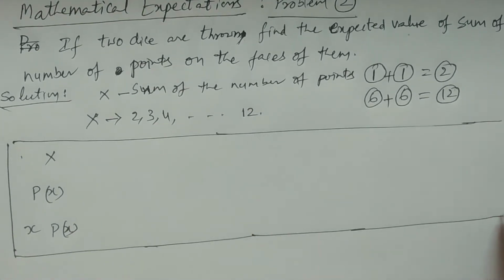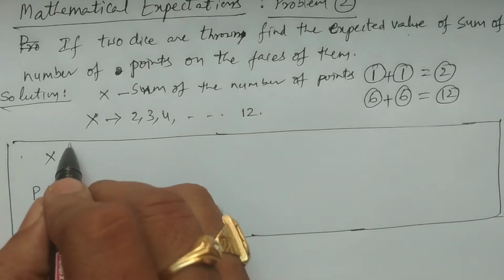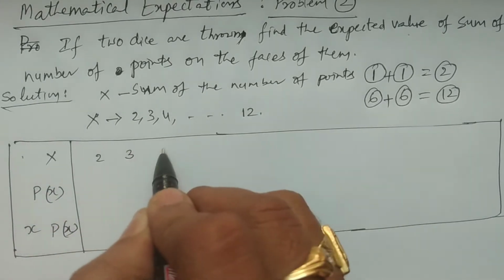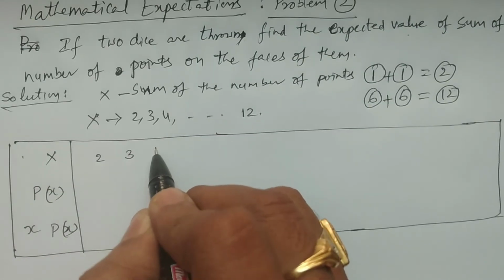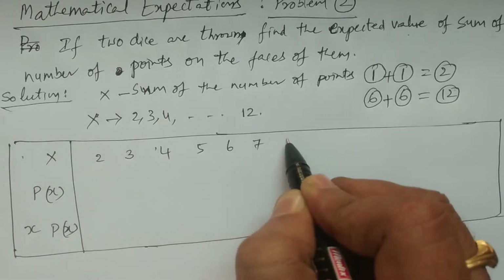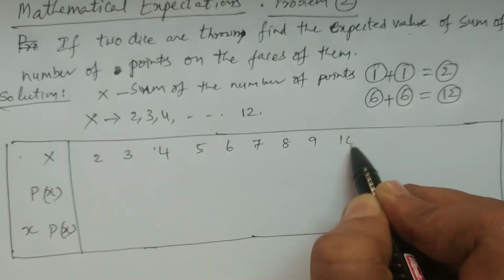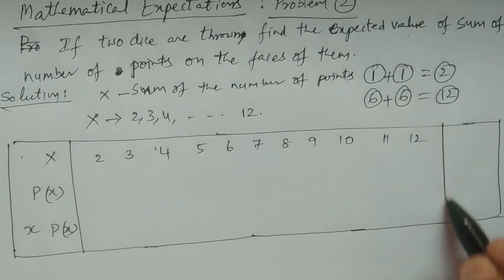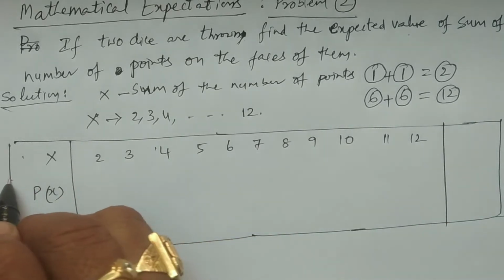How the probability is going to be calculated, we observe here. For example, first 2, 3, I write the values, now 4, 5, 6, 7, 8, 9, 10, 11, and 12. Up to here is enough.